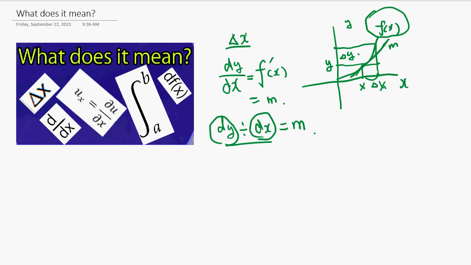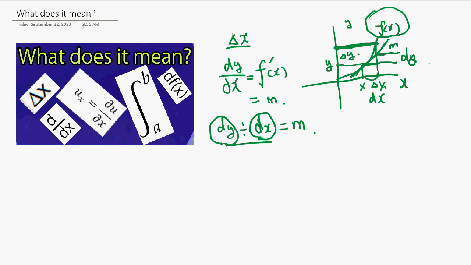So you take dx, then dy is here. This is dy, not here. This is delta y. So you have to know d is the same kind of increment, but increment of what?